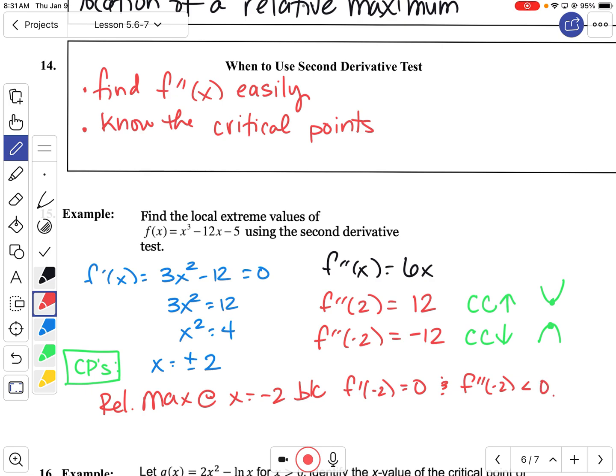Okay, so it's talking about the concavity. That's the justification, right? And then if we do the other one, we're going to have a relative min at x equals 2 because f prime at 2 is equal to 0. It's a critical point. And f double prime at 2 is positive, greater than 0.